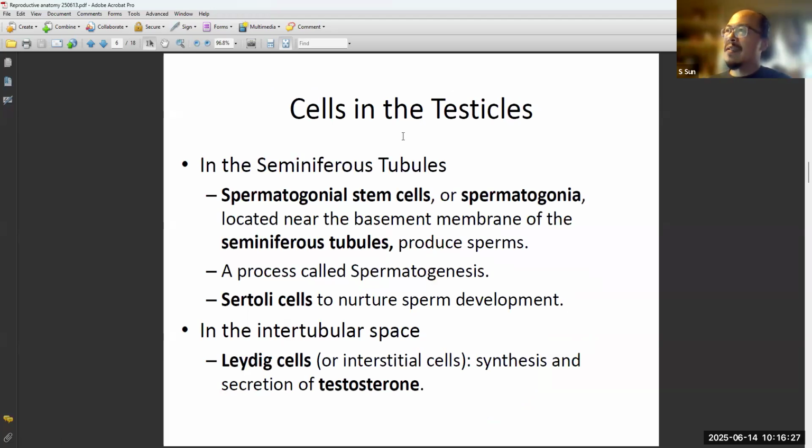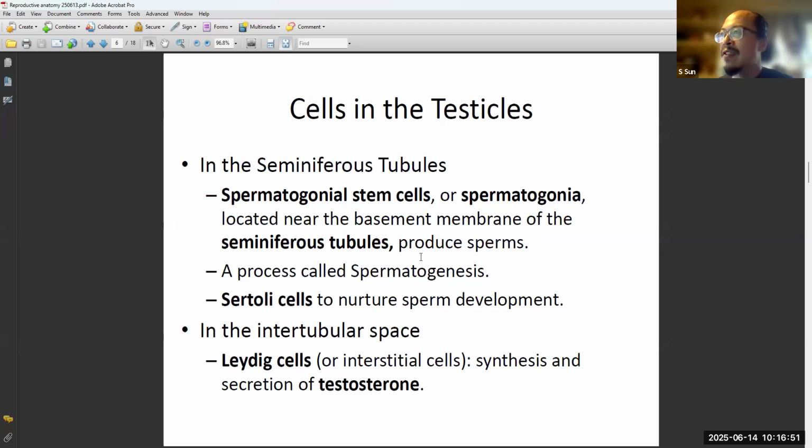So here is a summary of what we have in the testes. Quick question, what are the cells in the testes? You have the sperm-related cells inside the seminiferous tubule, starting with spermatogonia, and then the cells from primary spermatocytes into the sperm cells.